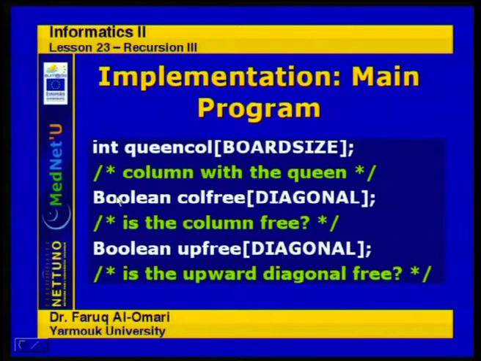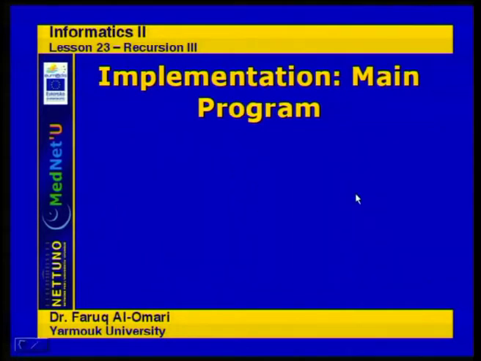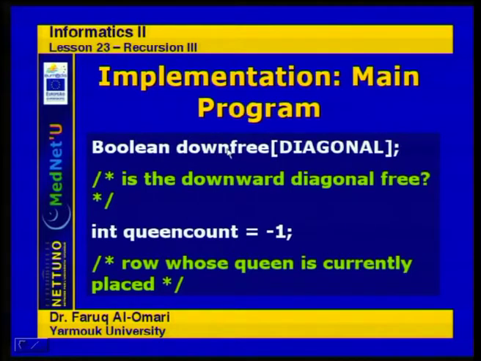The Boolean column free of size diagonal tells me which column is free, and Boolean up free of size diagonal again tells me whether the up diagonals are free or not, a true/false thing. And there's the third Boolean, down free, talking about the down diagonals, and it's of this size, and again it's of type Boolean to tell me whether the down diagonals are free or not.